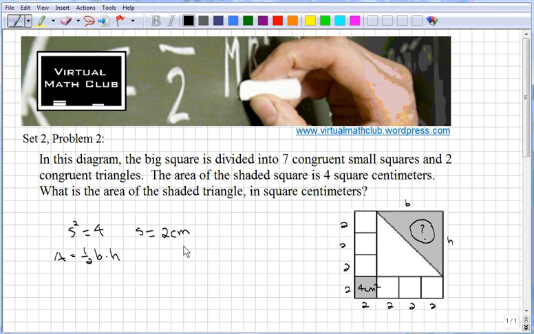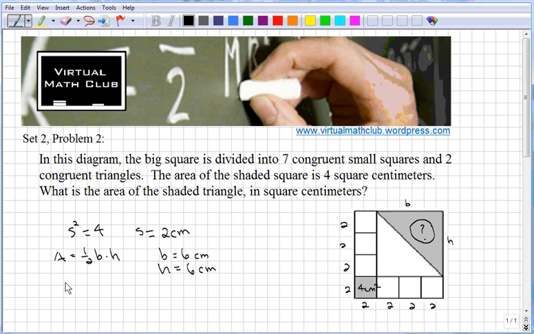So the base is equal to 6 centimeters, and the height is also equal to 6 centimeters, because you can see that this length here, of what we've marked h on this triangle, is equal to the sum of the lengths of these 3 squares.